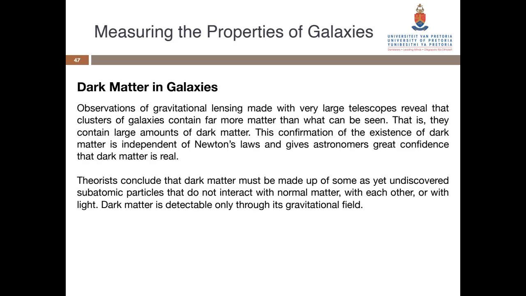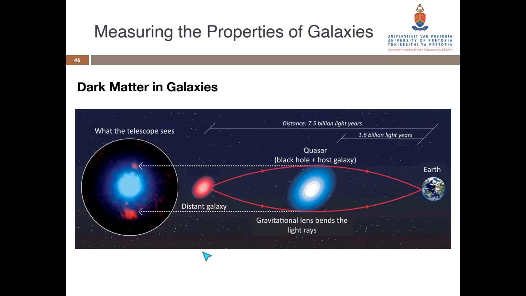But something interesting happens. If we take our telescopes and we, for example, look here and we look here, we can actually see this galaxy at the back because the gravitational force of this galaxy is so large, it actually distorts and bends light.